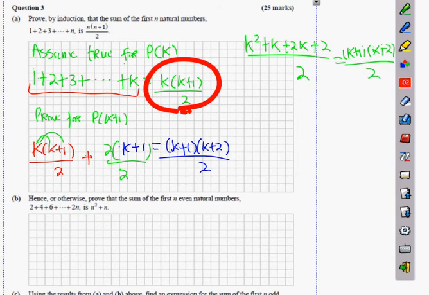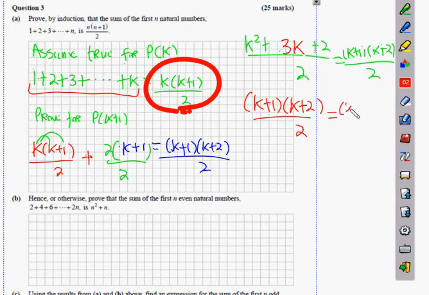Now, if I add this together, which I'll do now, I'm going to get 3K. And then, if I factorize the top, I'm going to get (K plus 1)(K plus 2) all over 2.